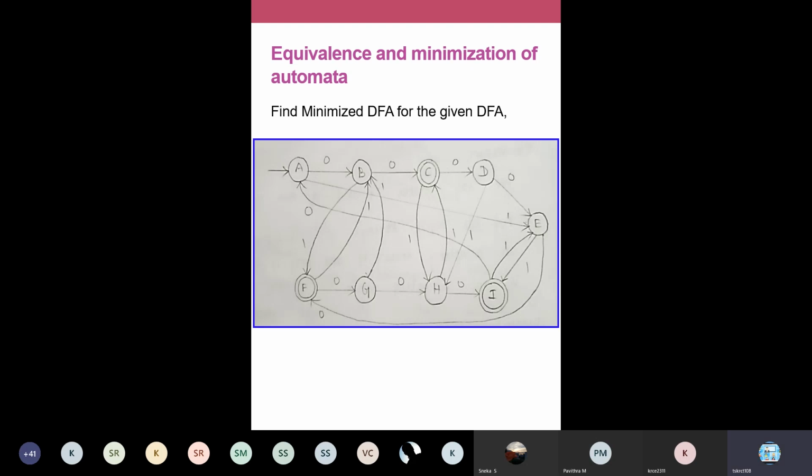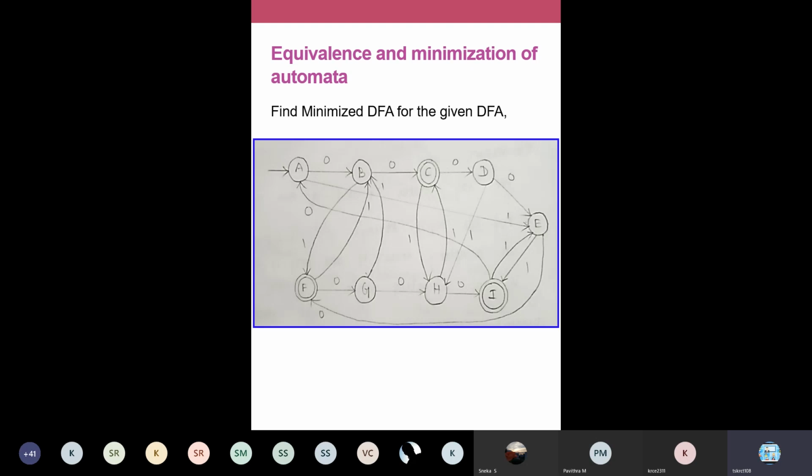Have you all drawn? Draw the diagram with pencil. Clear-ஆ புரியுற மாதிரி வரைஞ்சுக்கோங்க. You are going to analyze this diagram only. ஒவ்வொரு ஸ்டேட்லேருந்தும் 0க்கு ஒரு எட்ஜ், 1க்கு ஒரு அவுட் கோயிங் எட்ஜ் இருக்கும்.